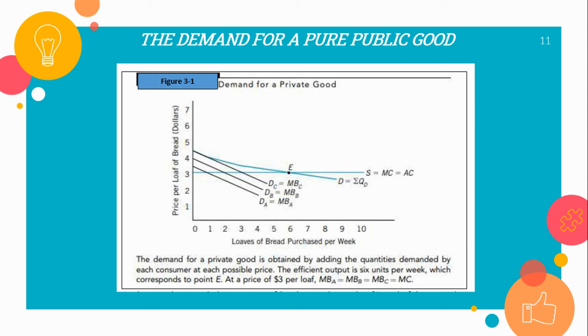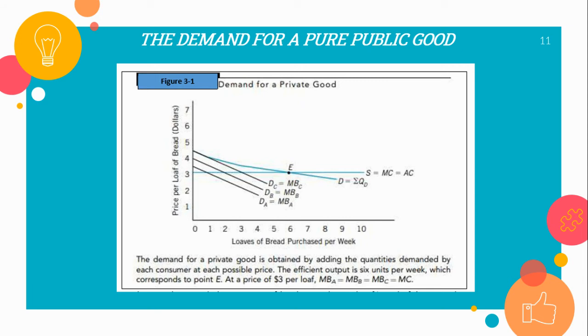The person whose demand curve is represented by DB purchases 2 loaves per week at a price of $3 per loaf. So at that amount of weekly purchase of bread, MB is equal to $3.